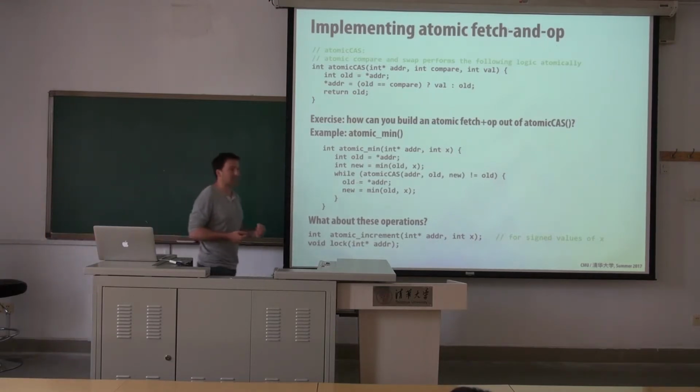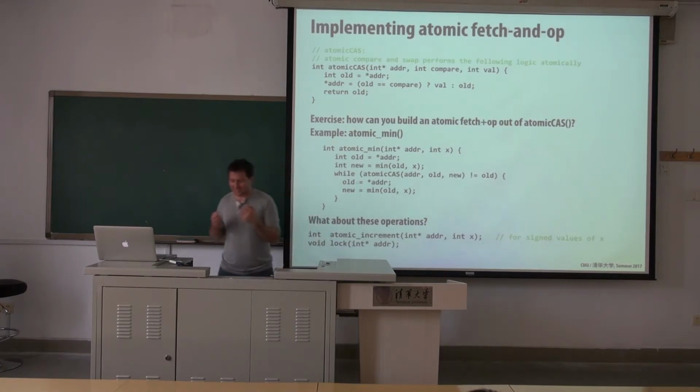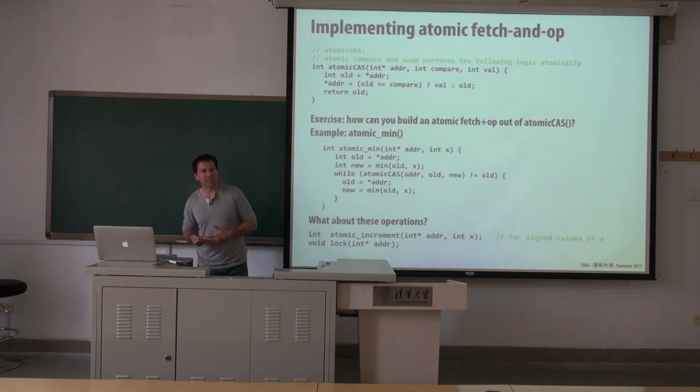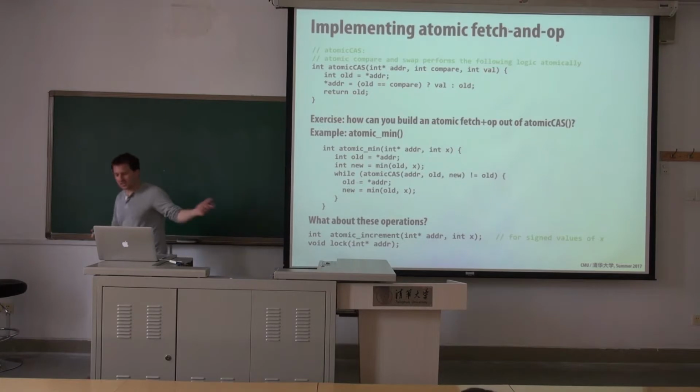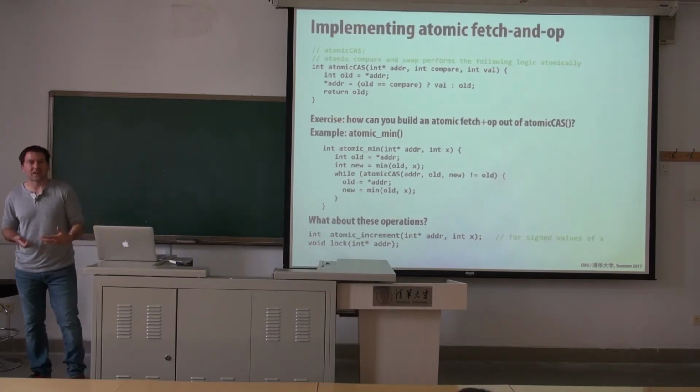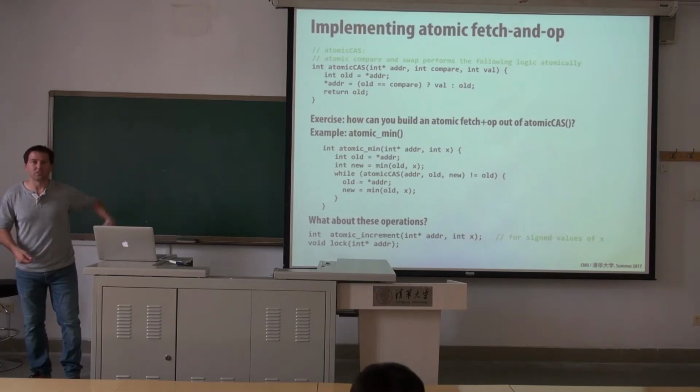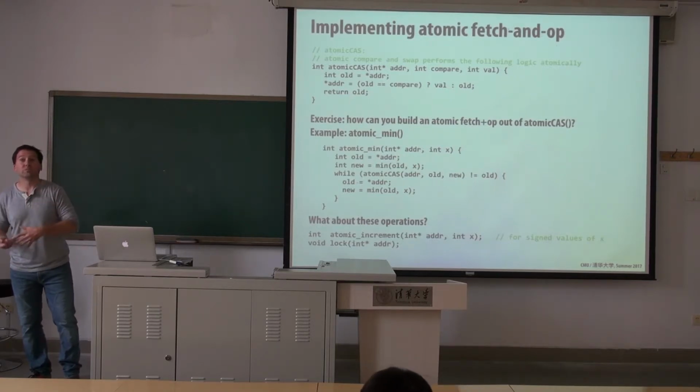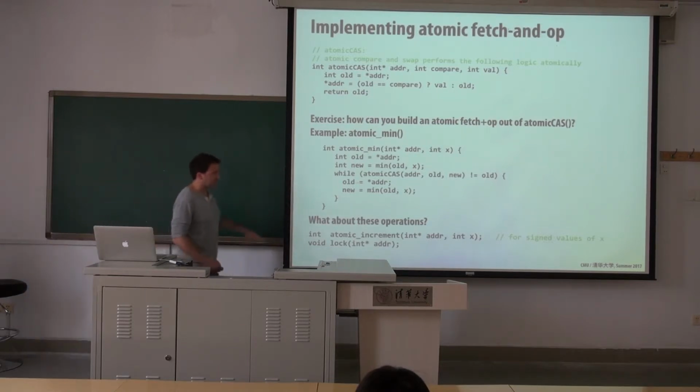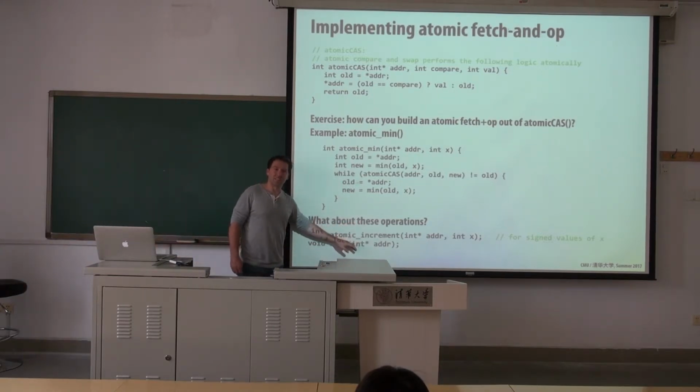I'm using atomic compare and swap to say, has anything changed since I got started? Because if anything has changed, all this work that I've done is maybe not correct, so I need to throw it away and start over. I need to read the value from memory, recompute the min, and start over. So that's why I asked about these other operations.